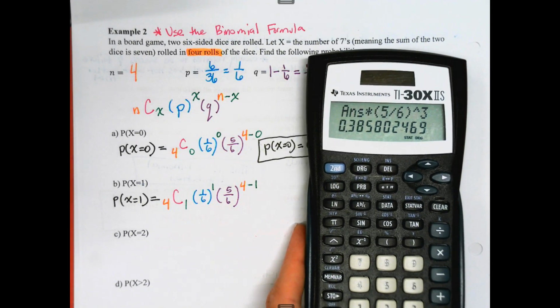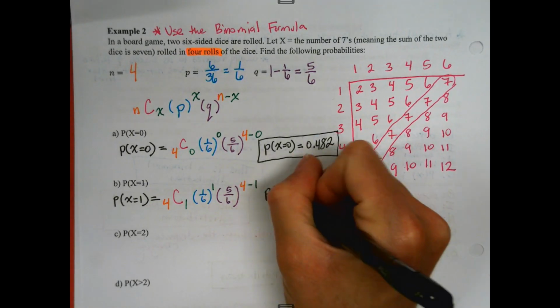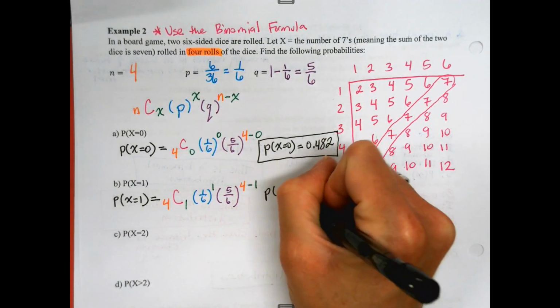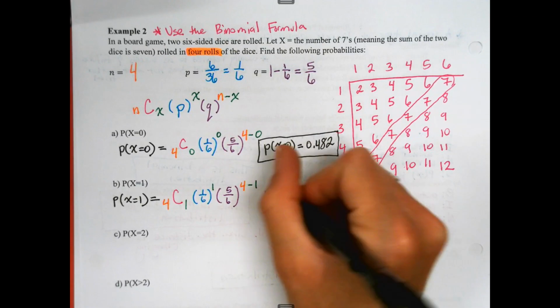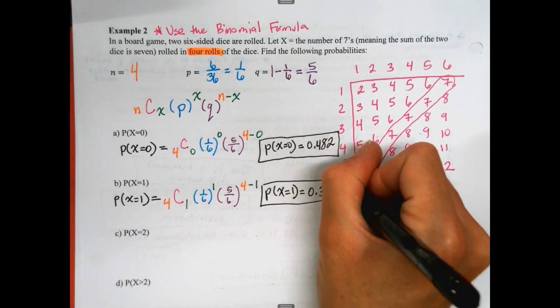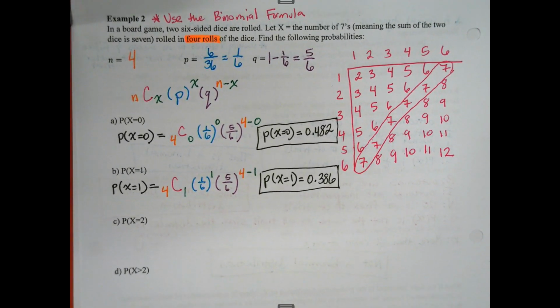We could round that to 0.386. So the probability that x is equal to 1 is going to be 0.386. This is much easier than writing out all of the possible outcomes, but it's better than writing out all of the different outcomes.